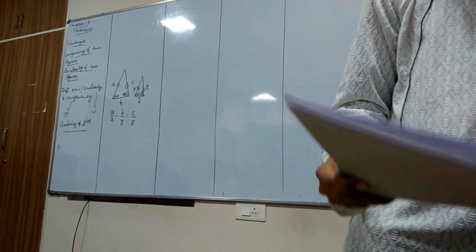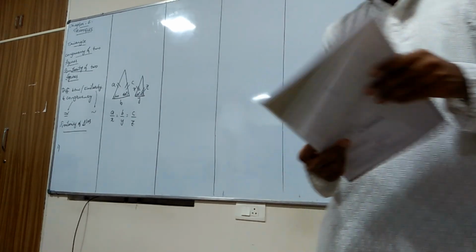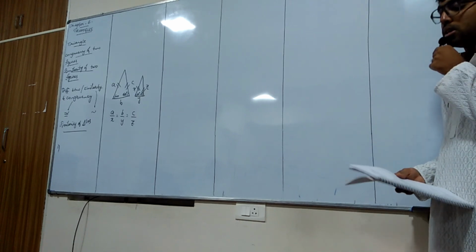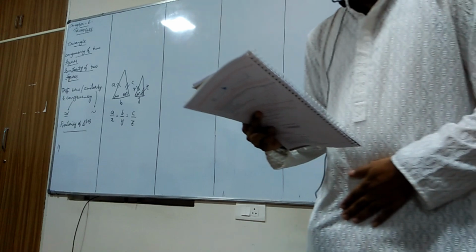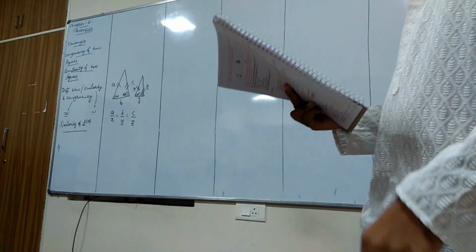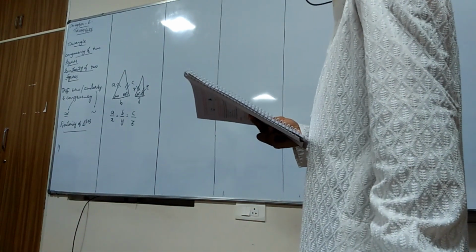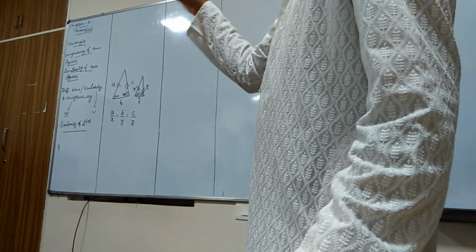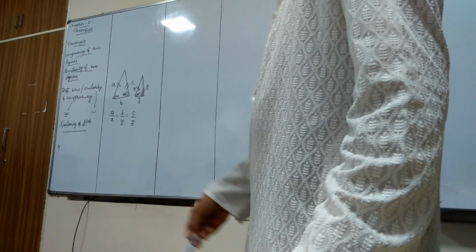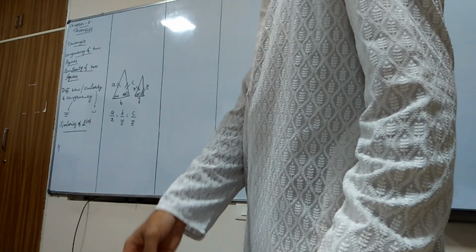All circles are similar. All the squares are similar. All the circles will also be 360 degrees only, right? Angles are always equal.